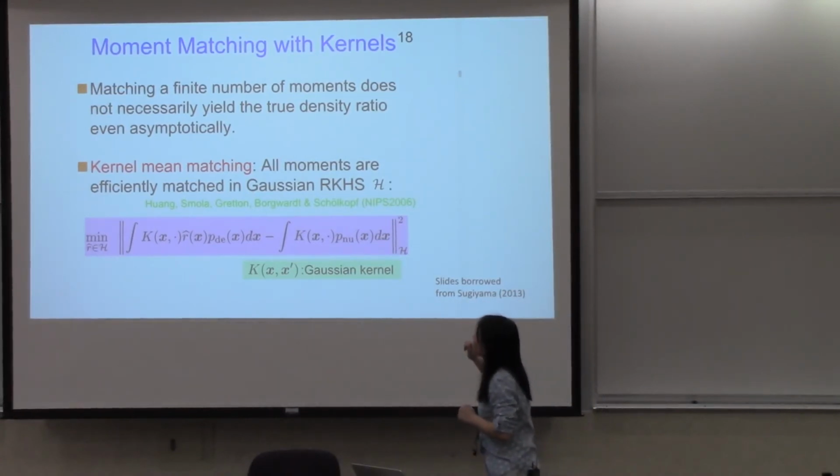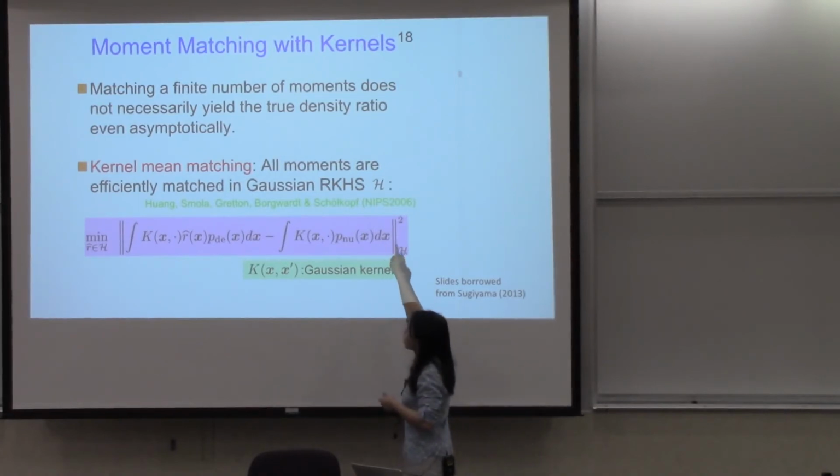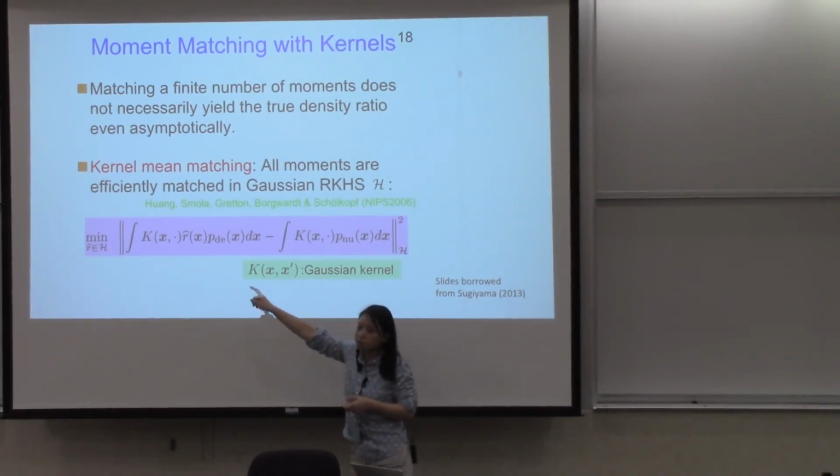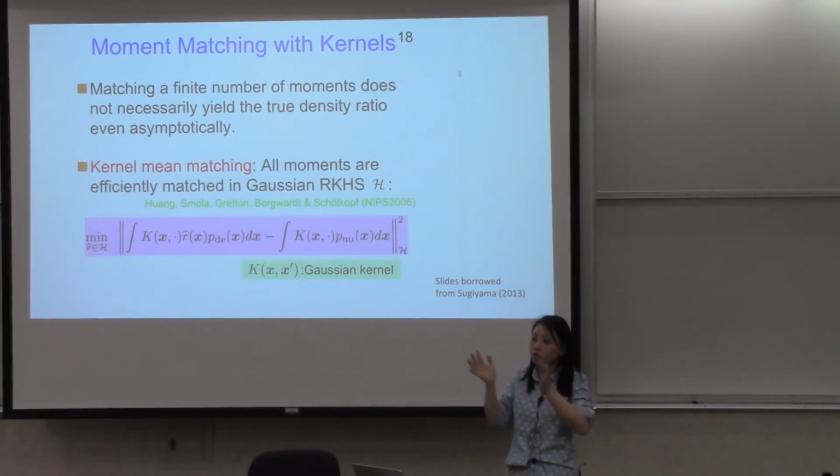Then this problem just reduces to an optimization problem where you try to minimize the norm of this difference. And K here is a Gaussian kernel, which can represent infinite dimensions of features.